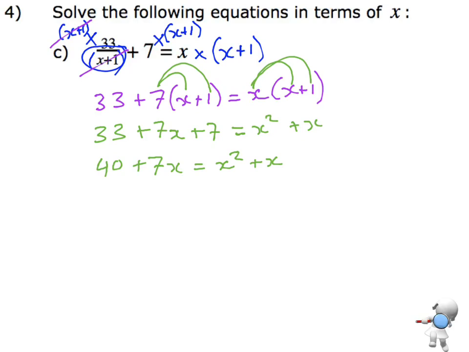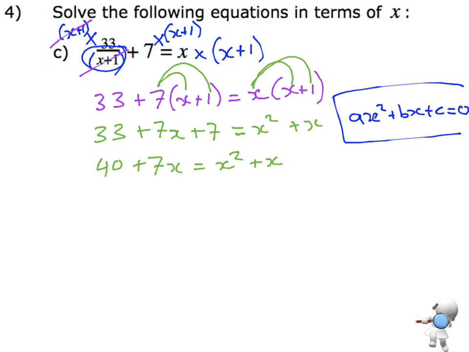Now I notice that I've got an x squared term. So what I want to do is get all of the values on the left-hand side, because to solve a quadratic, if I just remind you, ax squared plus bx plus c, I want to set that whole equation equal to 0. Then I can look at factorising and solving it.